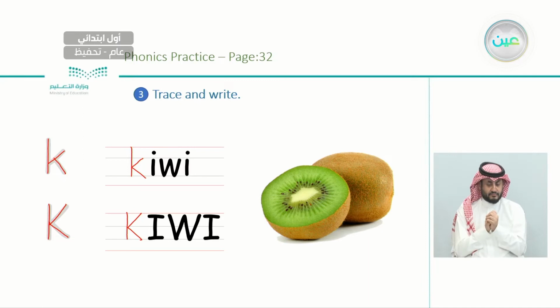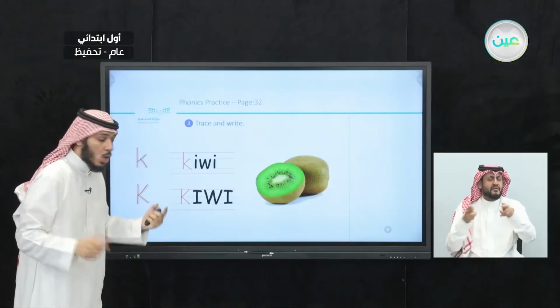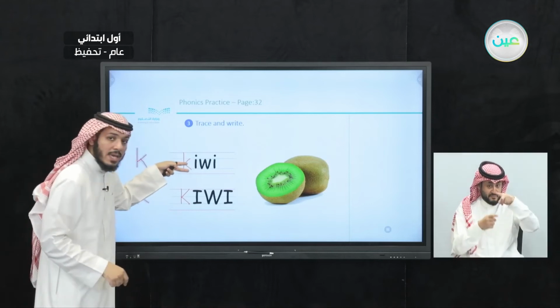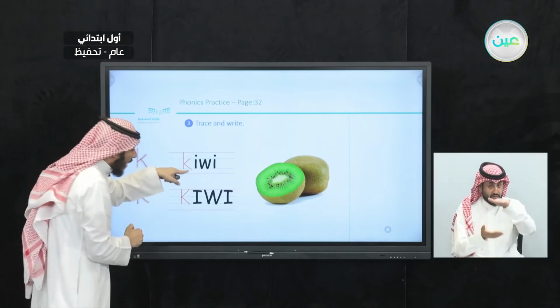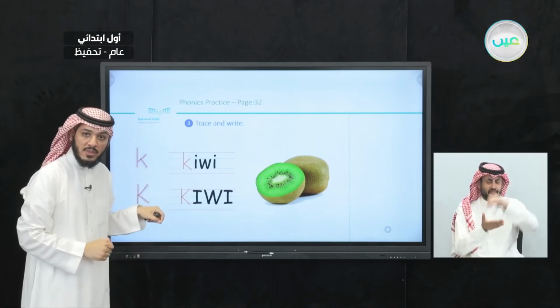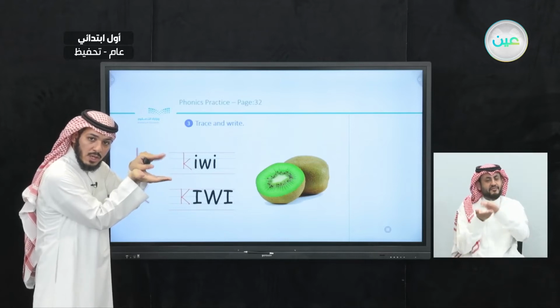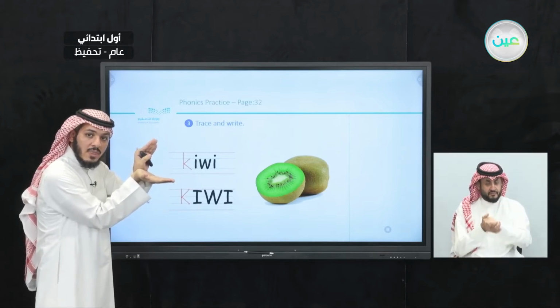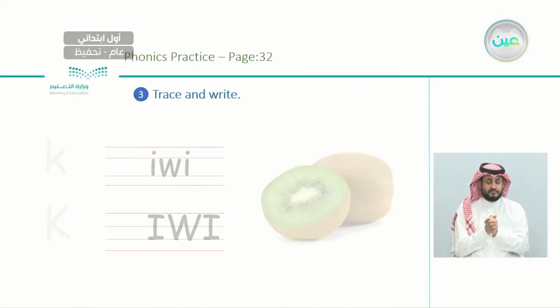Look at this and this. We have small and capital. What is the difference? We have the two lines between 2 and 3, but these two lines are between 1 and 3. If you have two small lines, that means small. Two big lines means capital. Excellent.